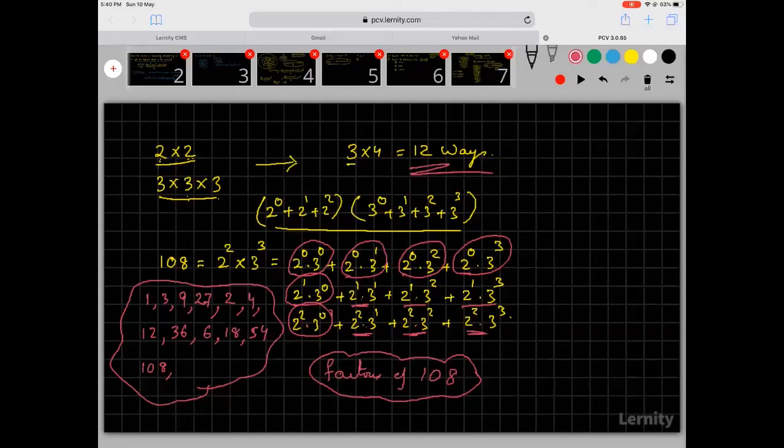Do we understand this? So do we understand what we have learned?